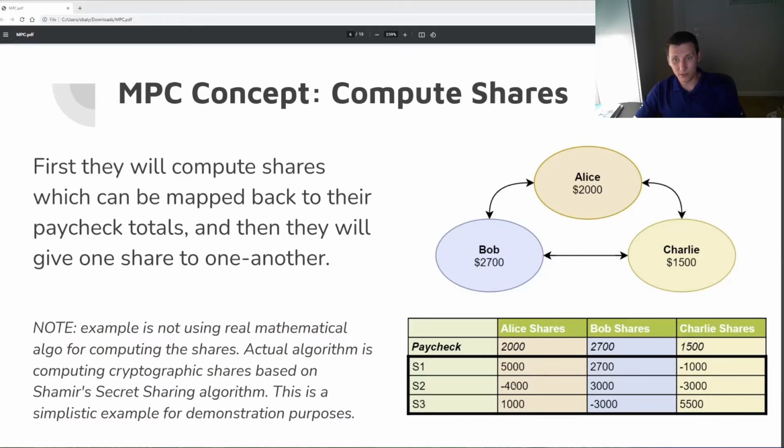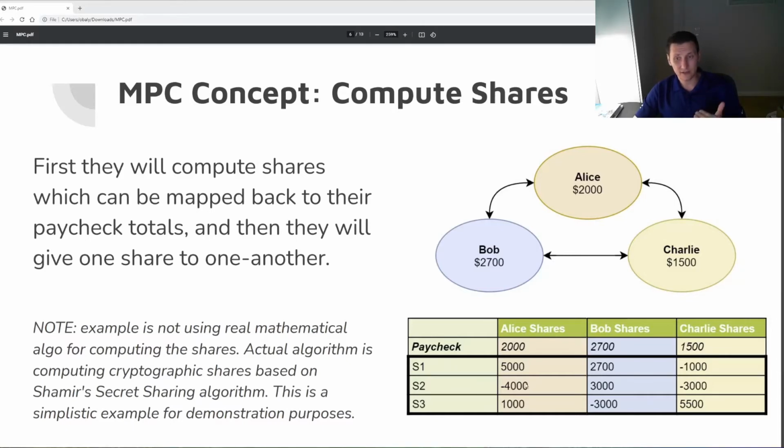If we add them up, 6,000 minus 4,000 is $2,000. So those shares can be mapped back to Alice's paycheck. Same goes for Bob's, 2,700, and the same applies for Charlie.